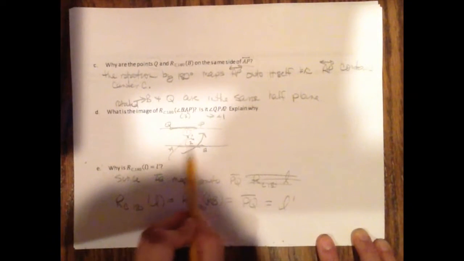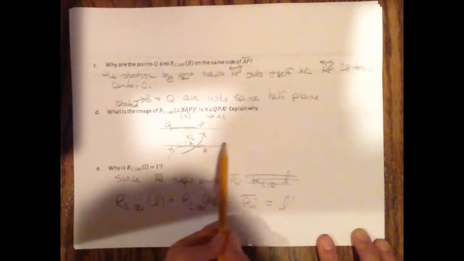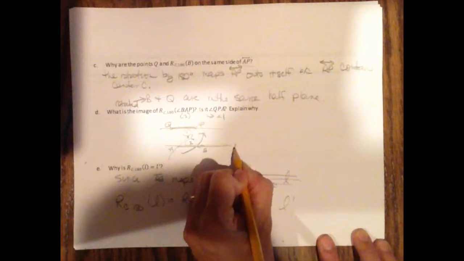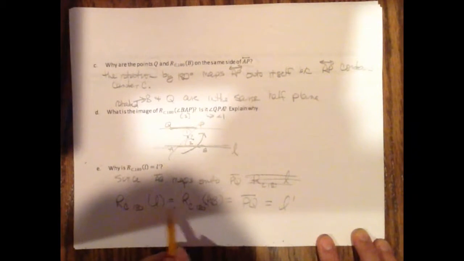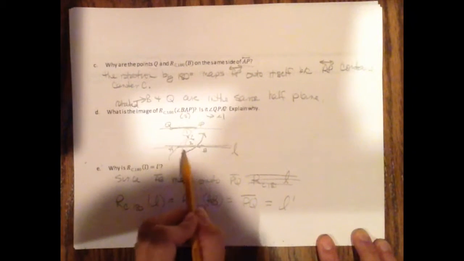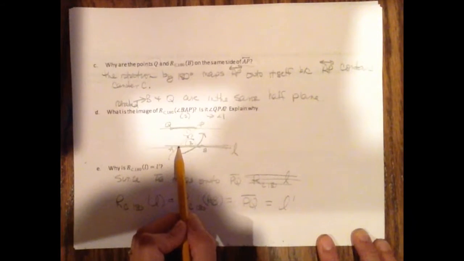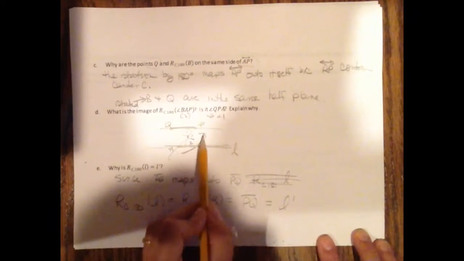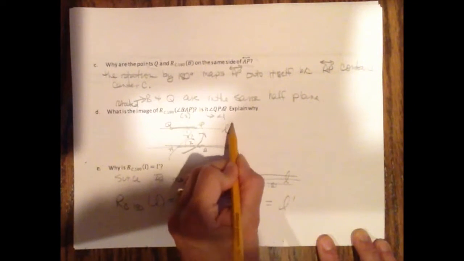So AB rotated 180, the rotation of L, right there, 180 equals the rotation of AB, because the segment AB is on L. So the rotation of L is equal to the rotation of AB, 180, onto PQ, which equals L prime.